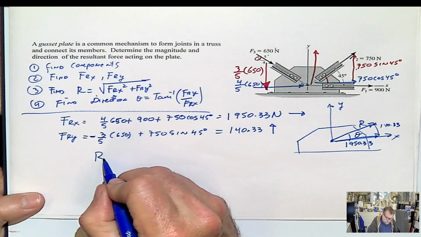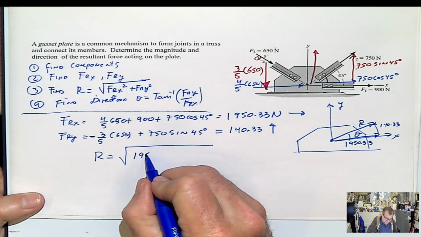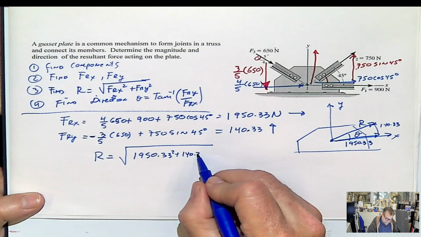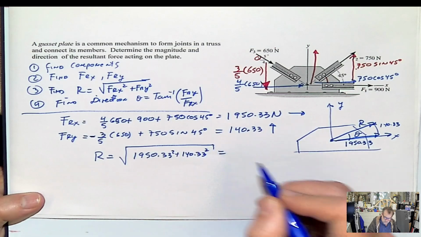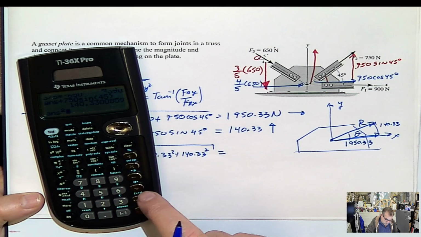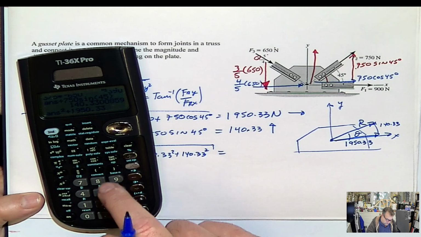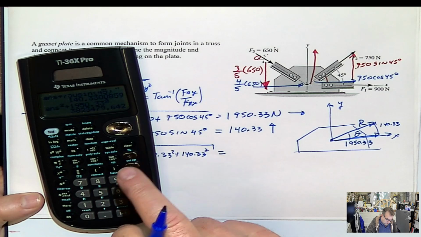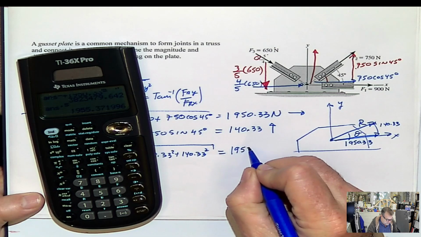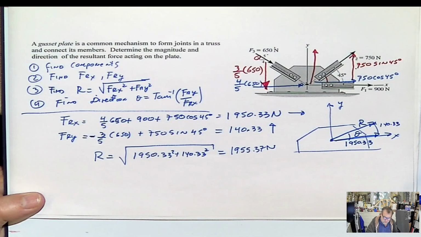What is the resultant force? Square root of the summation of the squares. Resultant force, 140.33 squared plus 1950.33 squared, square root, that's 1955.37 Newton. And now the angle.